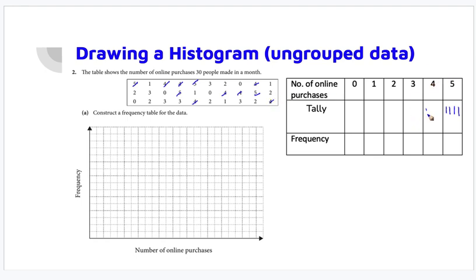So as we cross, we keep count here using the tally. I think we have 4 counts here. And 6, 2, 3, 4, 5, 6. And this one is 7. And this is 5, 1, 2, 3, 4, 5.